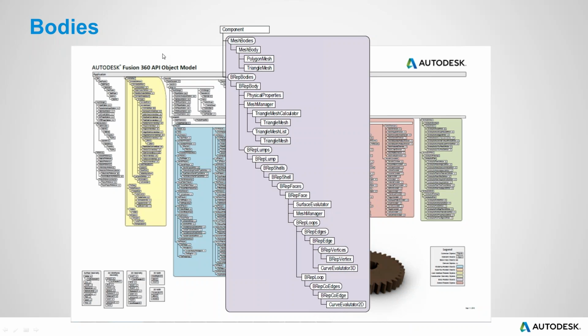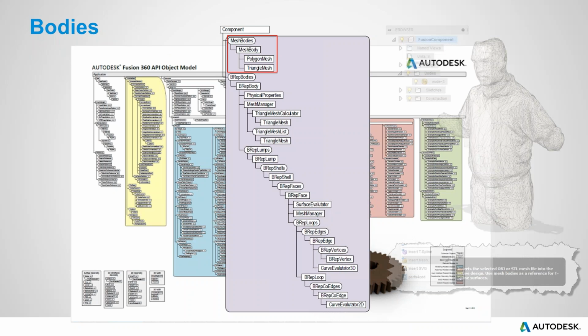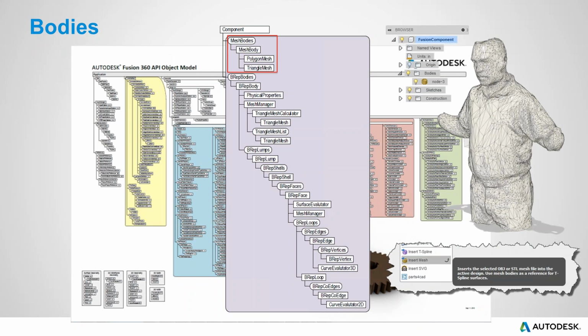And within the component, there are these mesh bodies. What a mesh body is, you can use the insert mesh command and insert an STL file or an OBJ file to create basically this mesh, just a set of triangles that you're able to view inside Fusion and reference as you do your modeling.